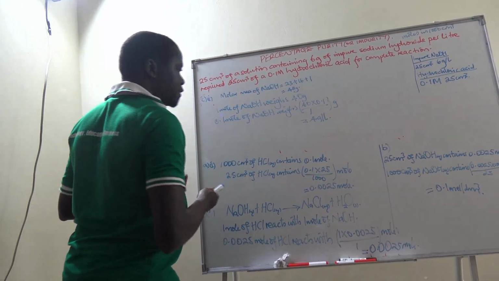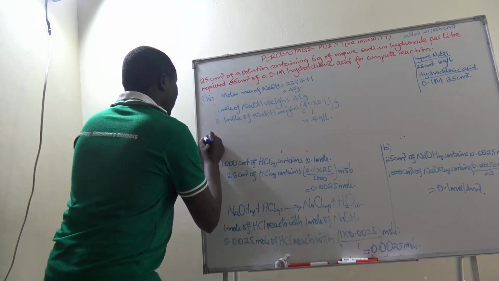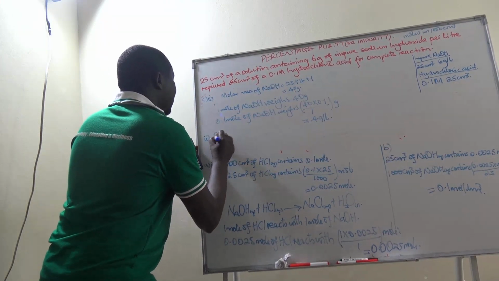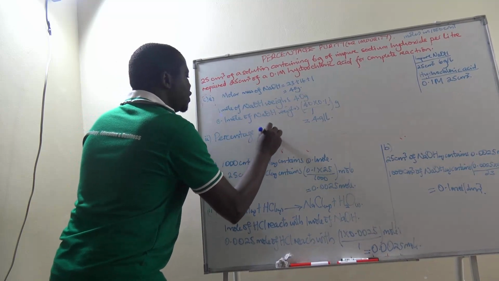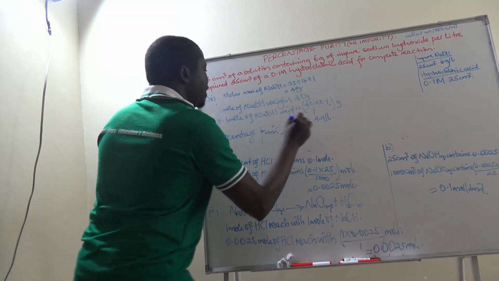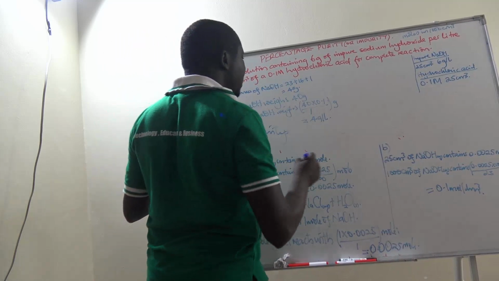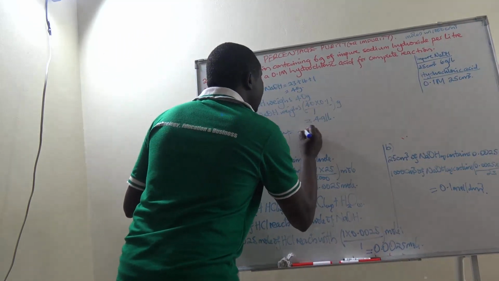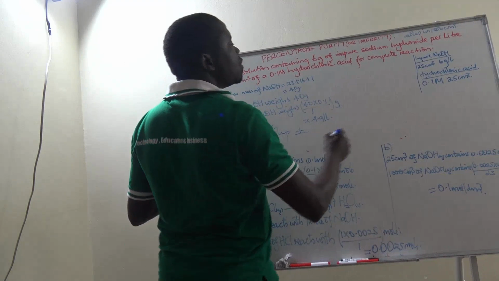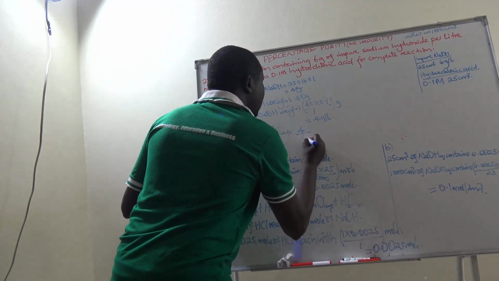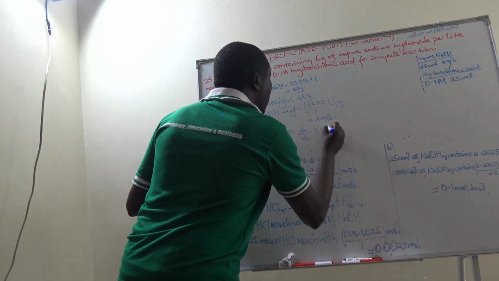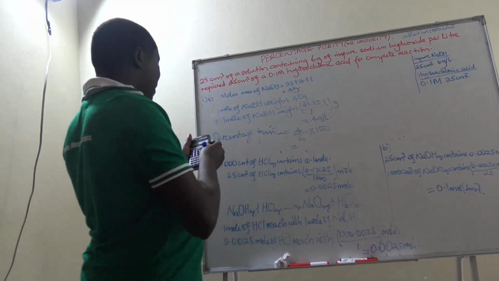So let's wind it up. In part 2, our percentage purity will be equal to the mass of pure sodium hydroxide, which is here, which is 4, out of the total mass of the impure sodium hydroxide, which is 6, and we multiply by 100. Let's see what we get.